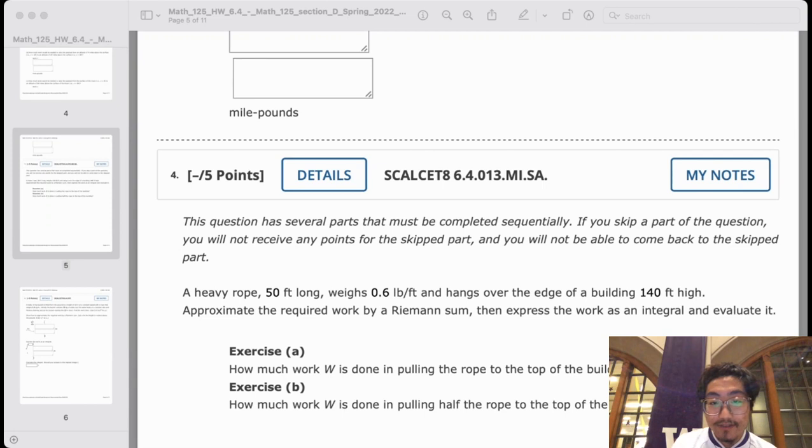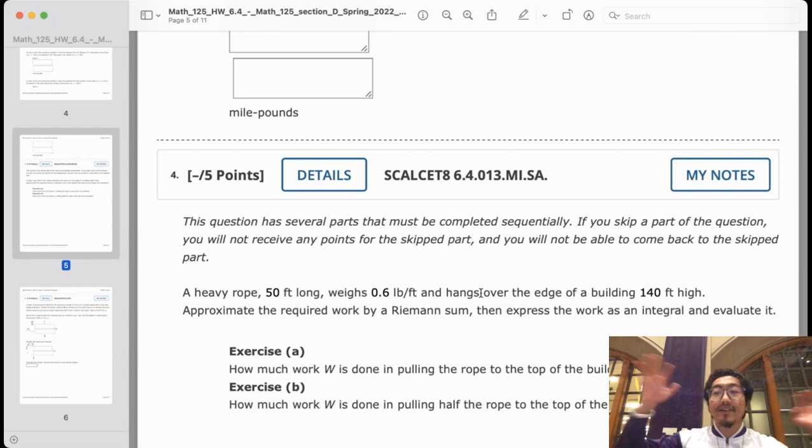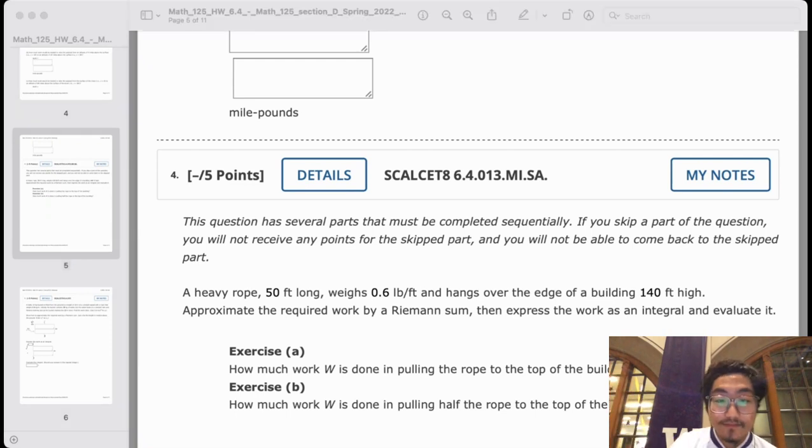The rope weighs 0.6 pounds per foot, 50 feet is the length, and the height of the edge of the building is 140 feet. In this case, you do not need an integral for the height of the building.